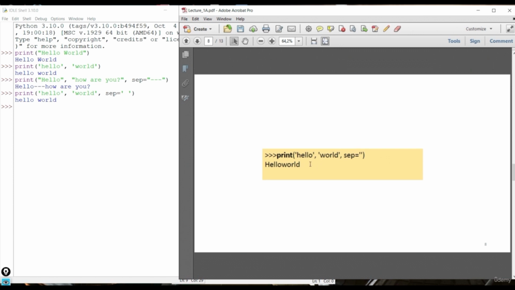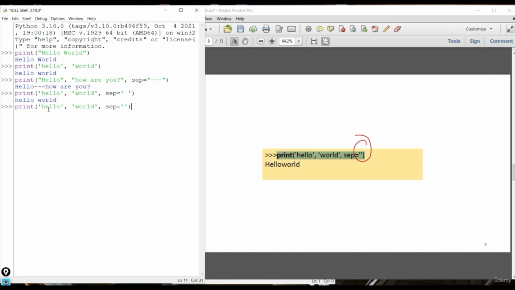Okay, see another example here. In this case, we don't have any space between single quotation marks here. There is no space here. If we try this command, we see that the strings are concatenated. There is no space between these two strings.